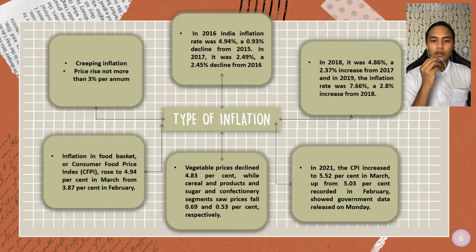Inflation in the food basket, or Consumer Food Price Index (CFPI), rose to 4.94% in March from 3.87% in February. Vegetable prices declined 4.83%, while cereal and product and sugar and confectionery segments saw prices fall 0.69 and 0.53% respectively.